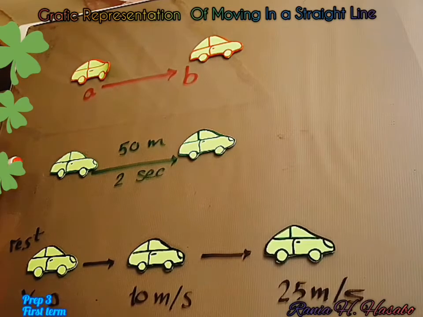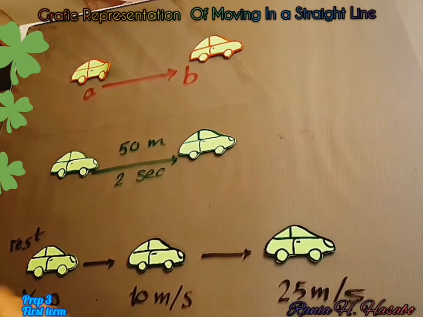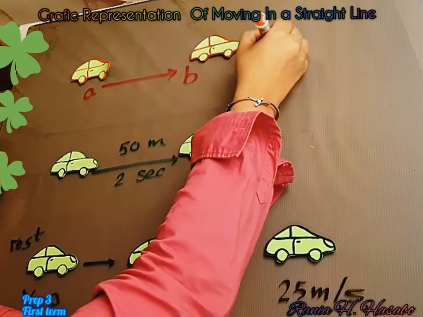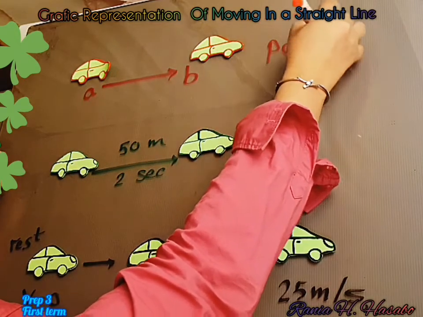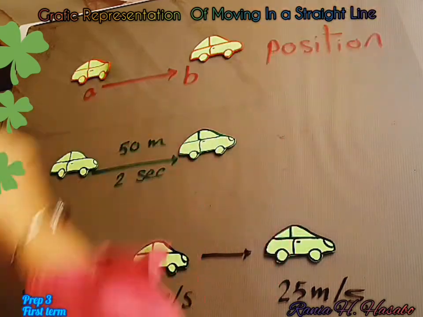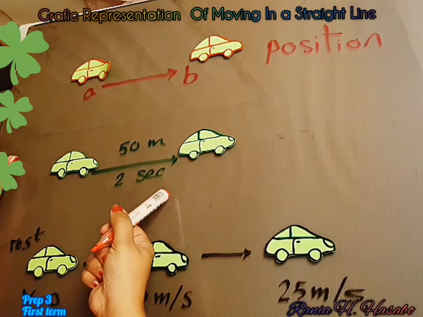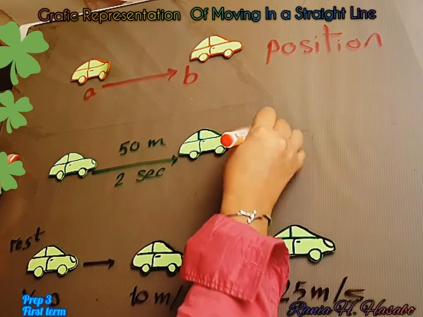We have 3 cases. The first one, here we didn't care about distance or time, but our interest was in direction and location only. So the change here is in position, it transferred from point A to B. While here the interest was in distance and time, which determines the rate of change in distance.